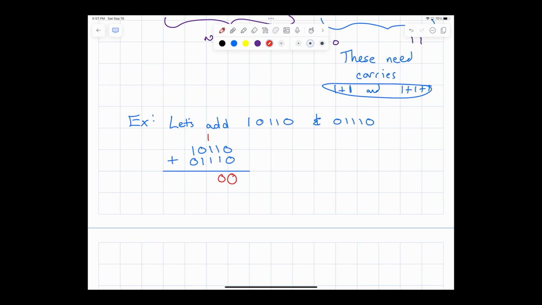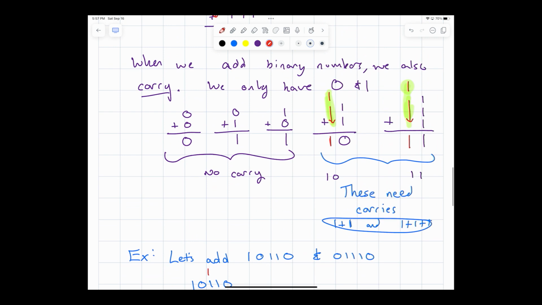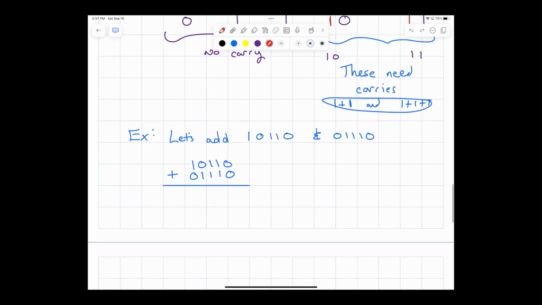You have to remember what you saw right here: 1 plus 1 is 0 here, 1 here. So you put the 0 down first, and then you carry the 1.